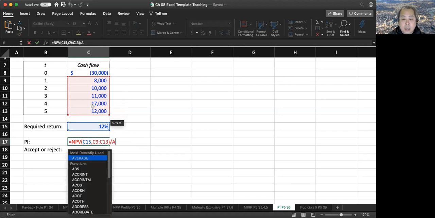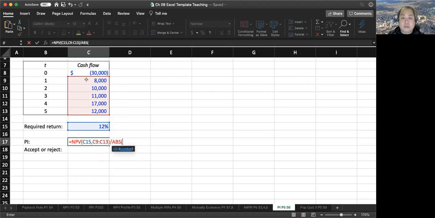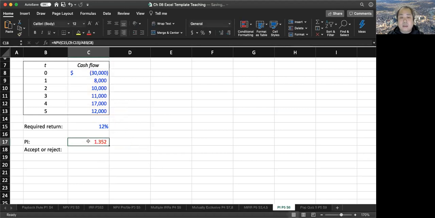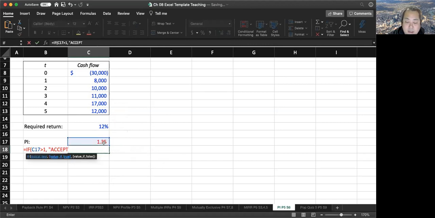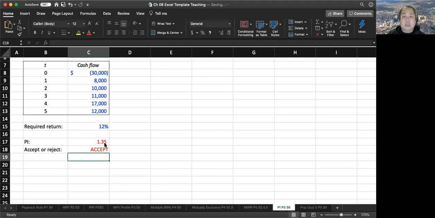Divided by the absolute value of the initial cost, then it will be 1.35. Again, the decision is if PI is greater than 1, accept, otherwise reject. Accept.